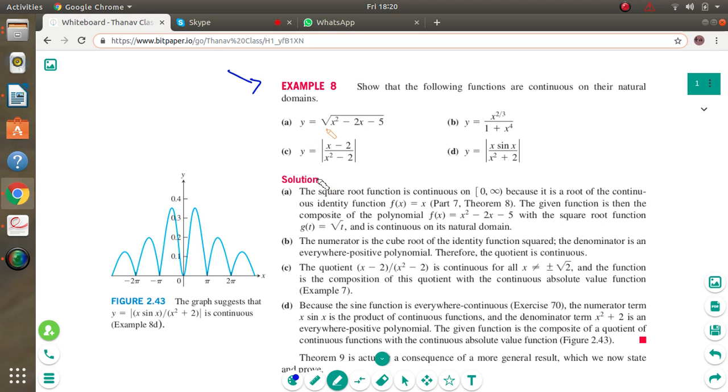y is equal to the root of x squared minus 2x minus 5.